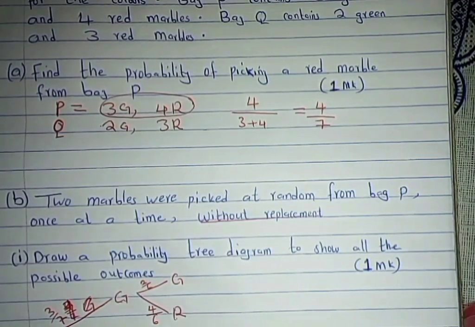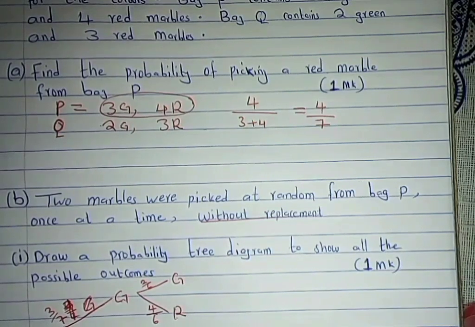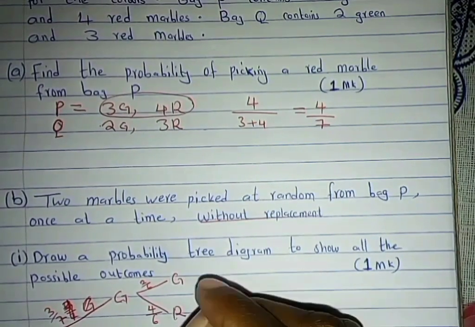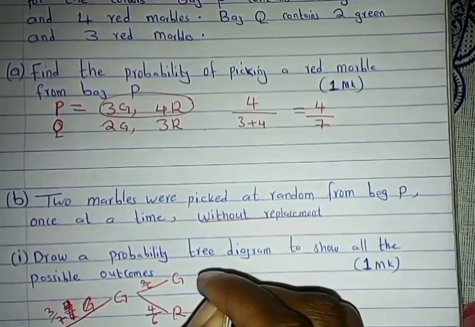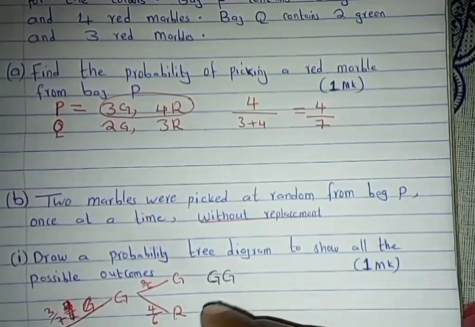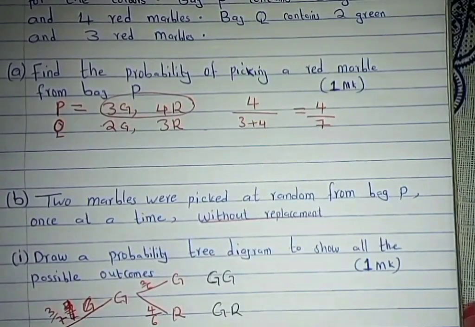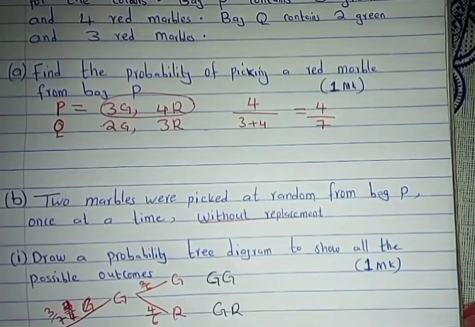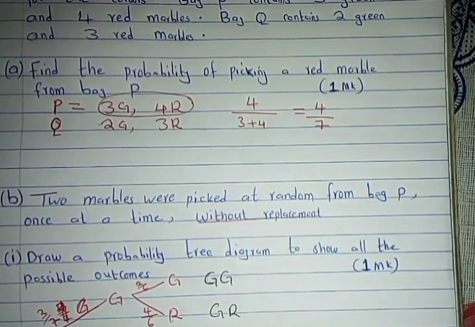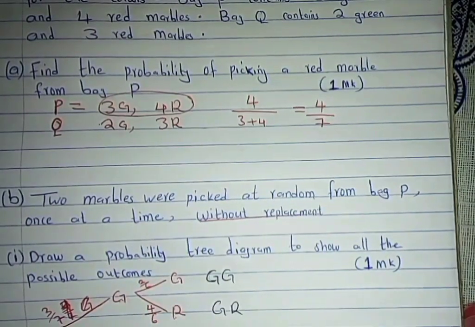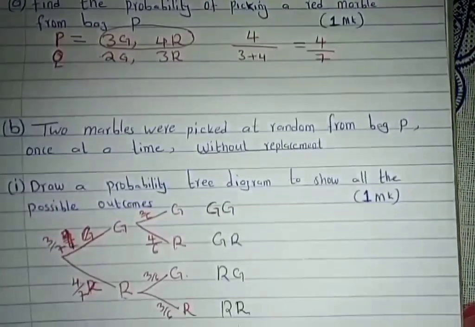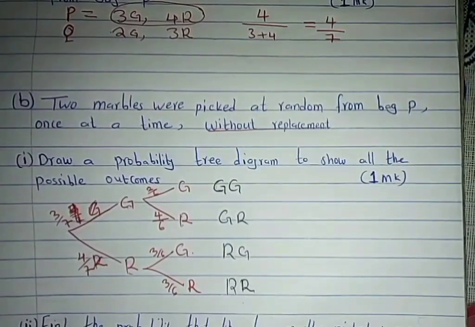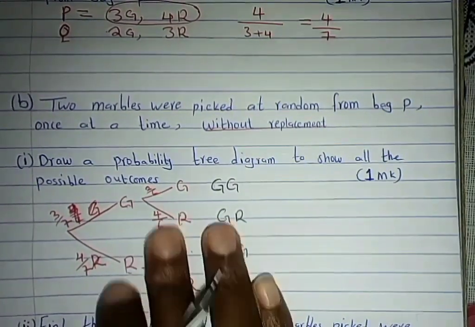So we can complete this by saying you can either pick green green, or green red, or red green, or red red. So this is the probability tree diagram.